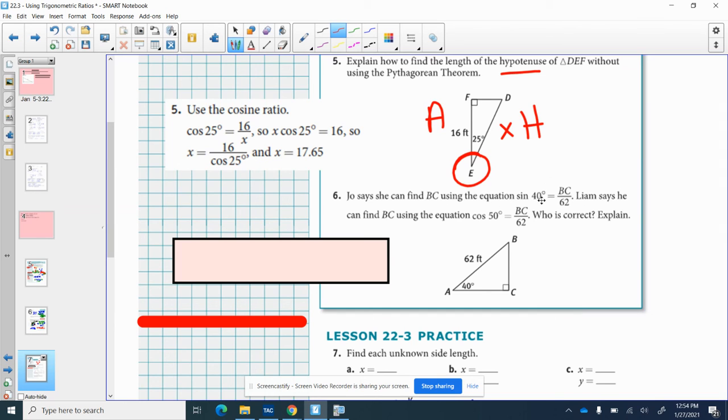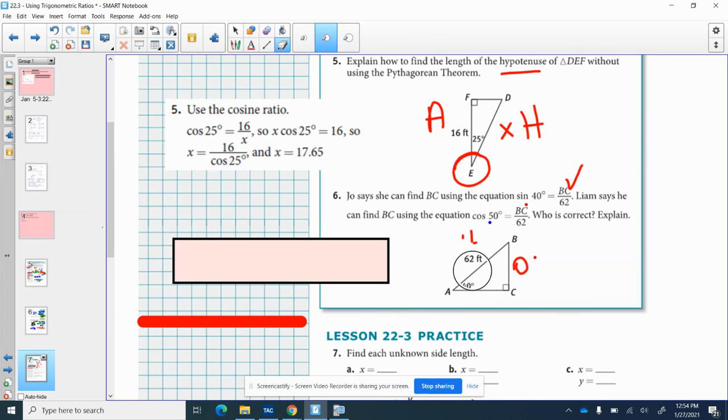And on the last example here, we are looking at which is going to be correct. Joe says that to find the length of BC, you would use the sine of 40 equals BC over 62. Well, that would be the opposite over the hypotenuse. So sine of 40 equals opposite over hypotenuse. That checks out. But Liam says you could use the cosine of 50 and it would also be BC over 62.